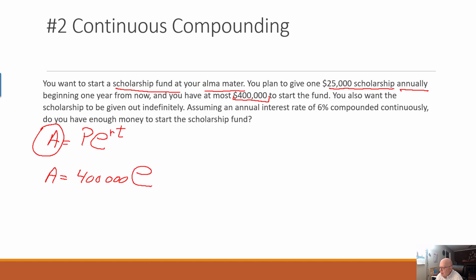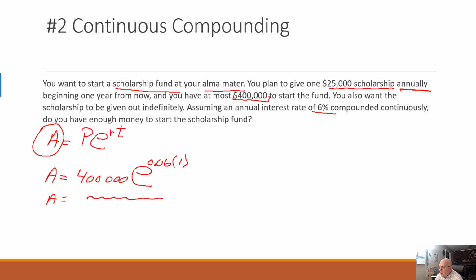E, of course, is e. The rate, got right here, that's the annual rate. So make that 0.06. Make sure you put the decimal point in there. And T. Now, T is going to be easy because you want an annual scholarship. So every time they look to make the scholarship, they're going to have 1 year's worth of money left there. So you can do this.